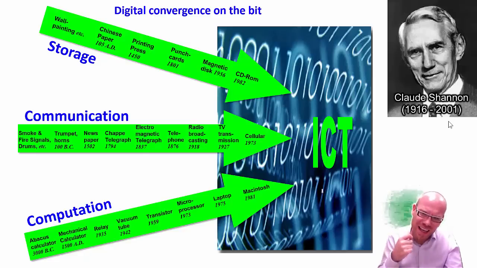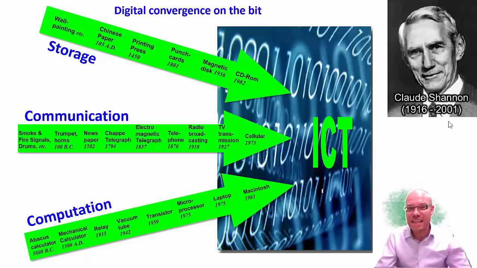The genius idea behind this theory led to the fact that we were able to improve telecommunication technology a lot, storage technologies a lot, and computation technologies a lot, and they all use the bit. Shannon proved that the bit, the binary representation of information or of uncertainty reduction, is the most efficient way information can be represented. So everything started to converge on the bit.